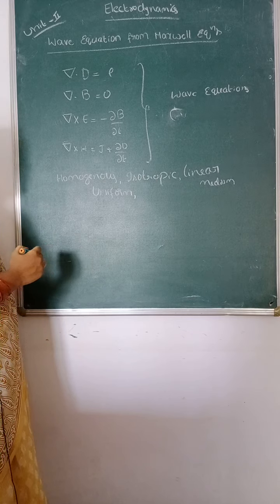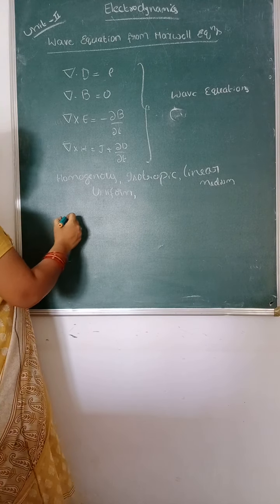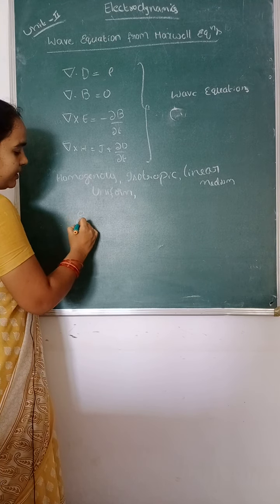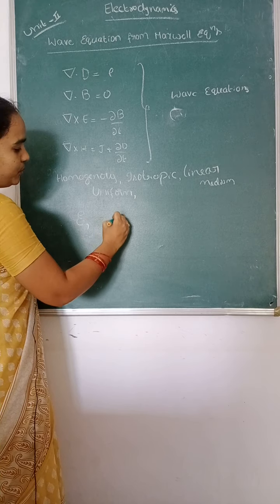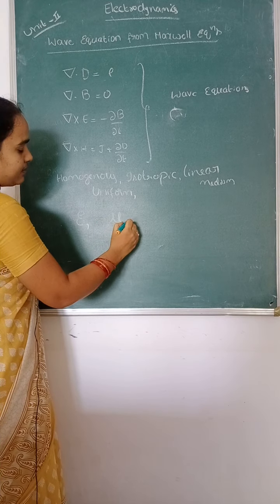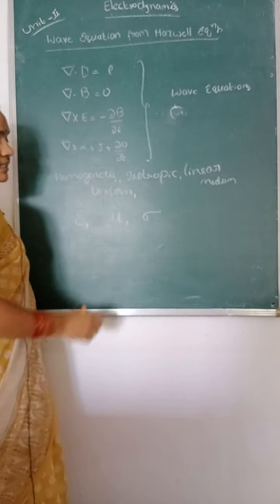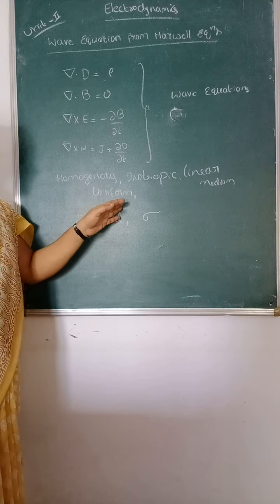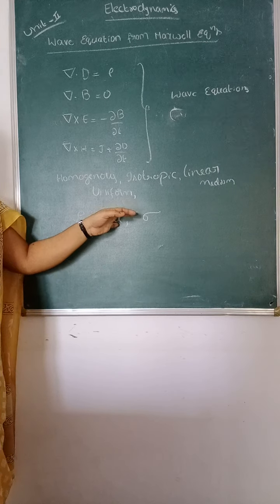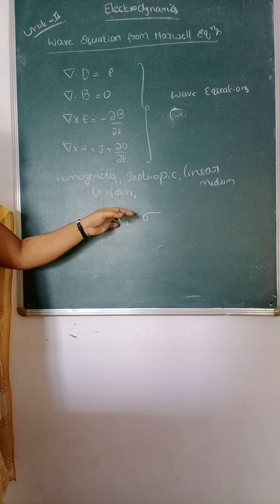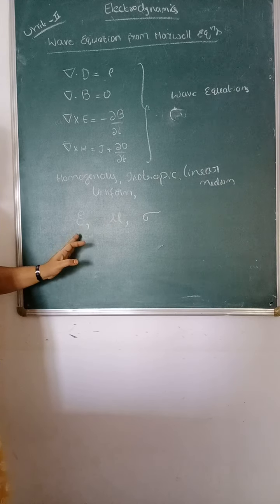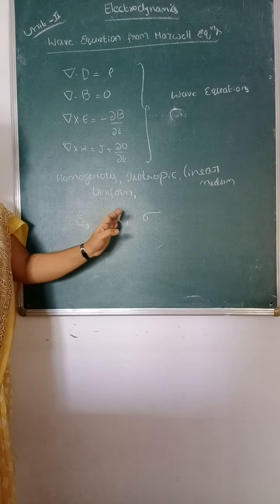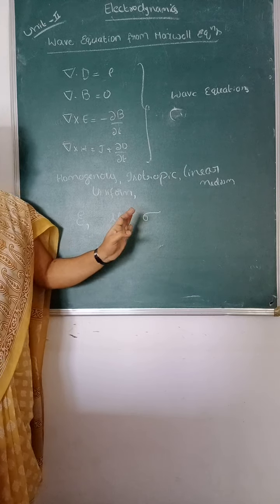This particular medium is characterized by the permeability mu, permittivity epsilon and conductivity sigma. Let us suppose that this uniform medium is characterized by permeability mu, permittivity epsilon and the conductivity sigma.